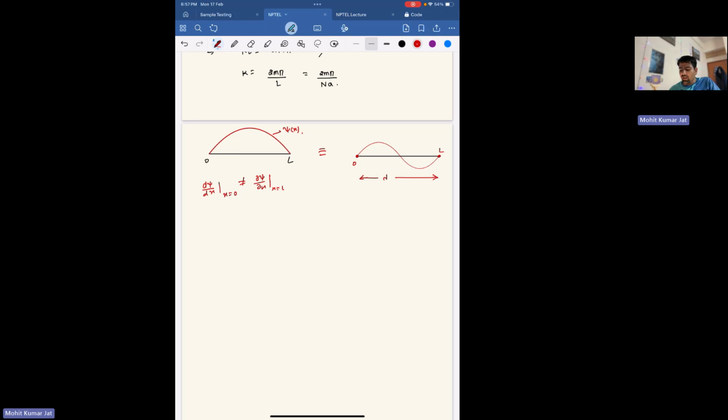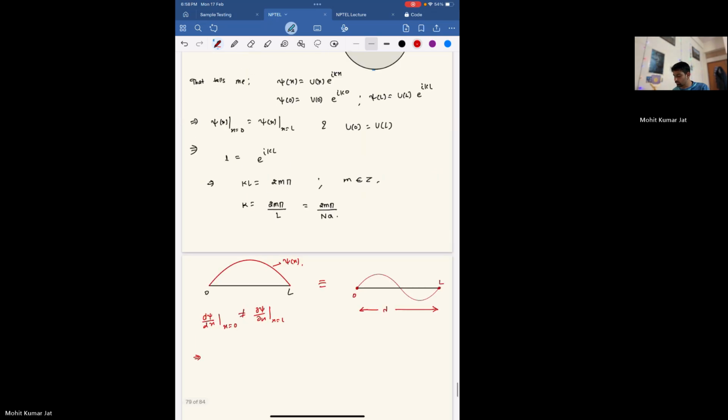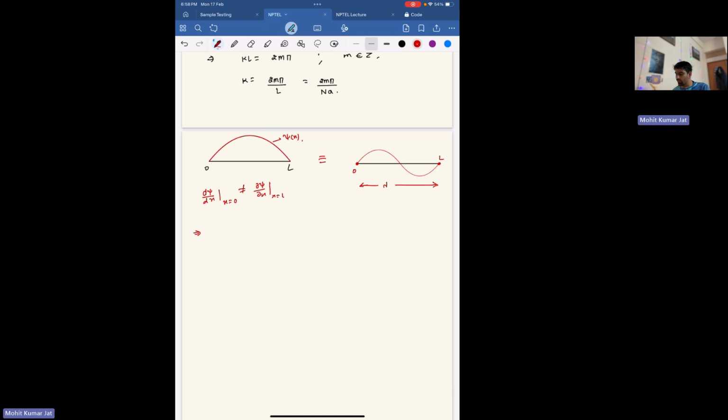So lambda can't be larger than the maximum lambda which is allowed, which is of length L. In that case, the k is 2 pi by lambda equals 2m pi by L. This implies m by L is equal to 1 by lambda, and L I can write as na.